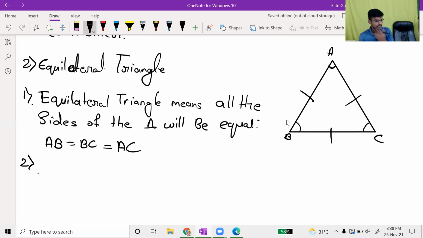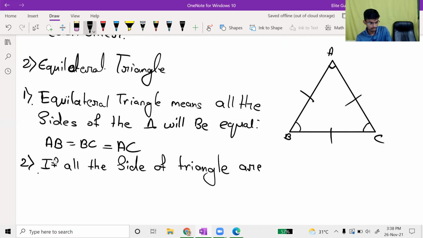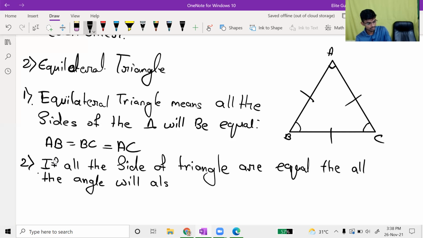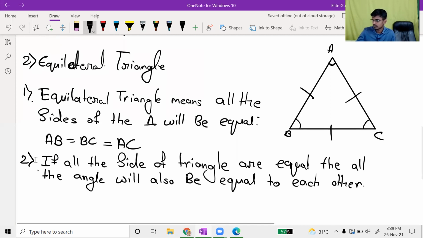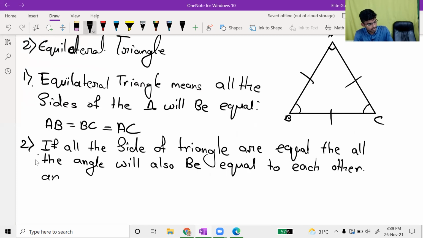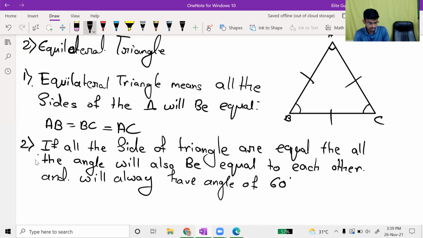Okay. See, if all the sides of a triangle are equal, then all the angles will also be equal to each other, and will always have an angle of 60 degrees.